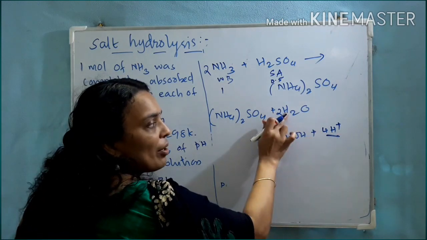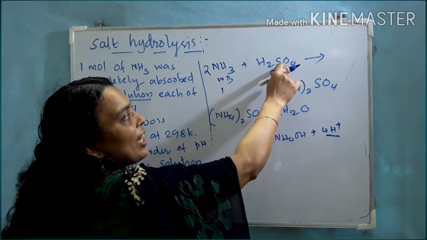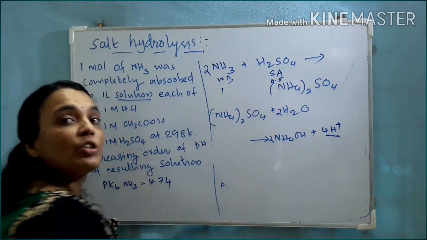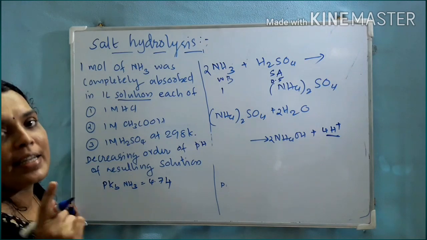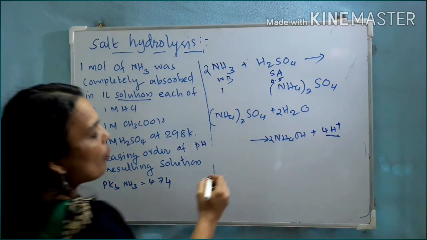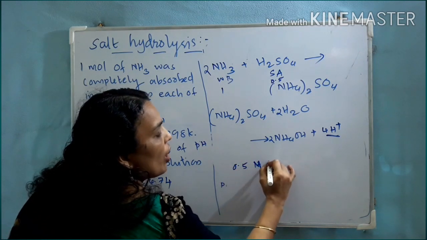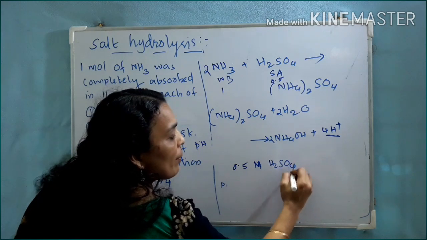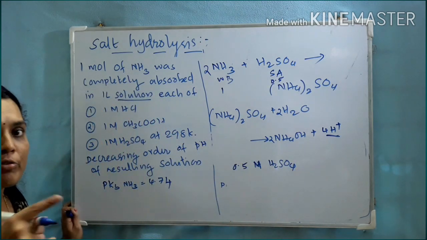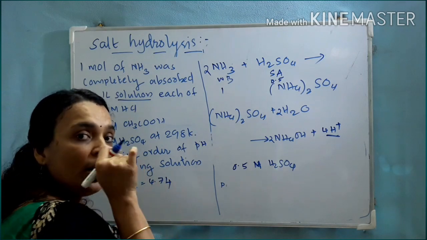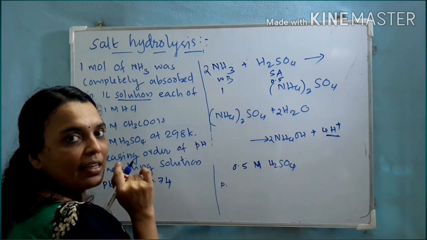This H plus is coming from the water. But remember, H plus ions coming from H2SO4 are also present, because H2SO4 is an excess reagent. So 0.5 molar H2SO4 remains in solution as an excess reagent.